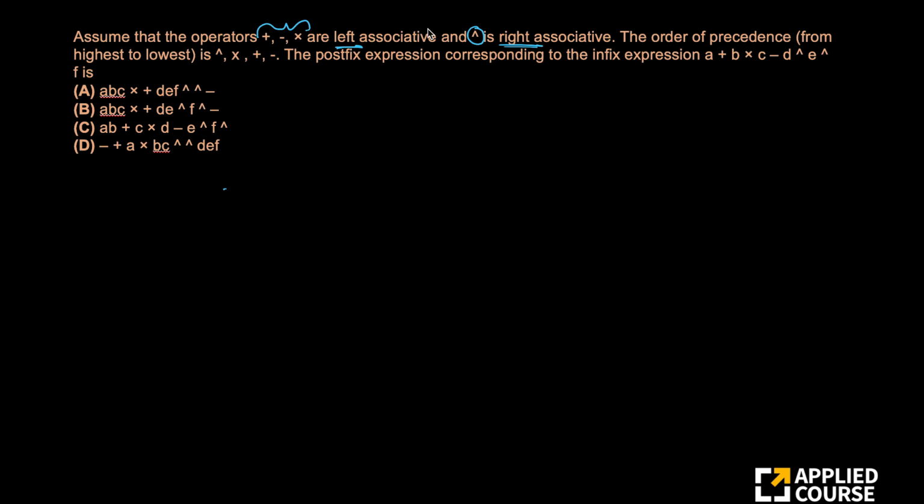Now, if you don't know what right associative and left associative are, imagine if I have an expression like this. If my plus operator is left associative, then what does it mean? It means that I first perform the operation from left to right. So if I parenthesize this whole thing, this will be equivalent to (2 plus 3) plus 4.